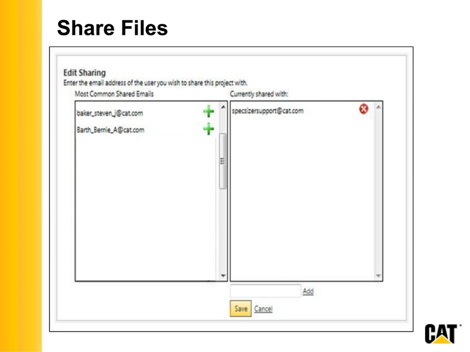Now, if in the past you shared a file with them, their email address will be archived and saved over on the left-hand side, and you wouldn't need to add their email address again down there to the left of the add command. You just simply click the green plus sign, and that moves their email address over to the right box.